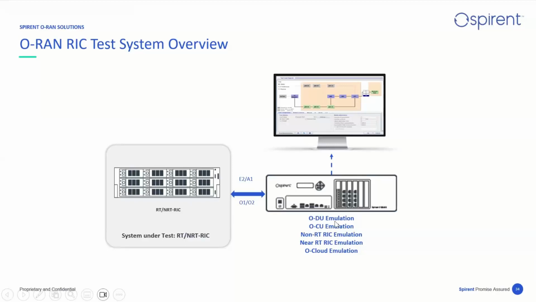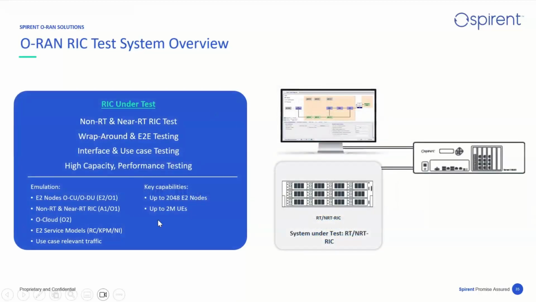You are just testing the RIC. So we are providing you the interfaces, E2, A1, and O1, O2, which are standard ORAN interfaces, and your xApp and rApp sitting here. So the device under test is your RIC, the brain of the ORAN system, and emulating the rest of the components from our side, we would be able to offer all testing like we have seen in the end-to-end network before, including providing all these interfaces for RIC testing.